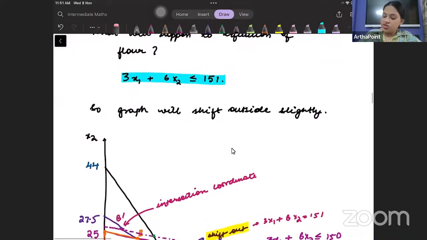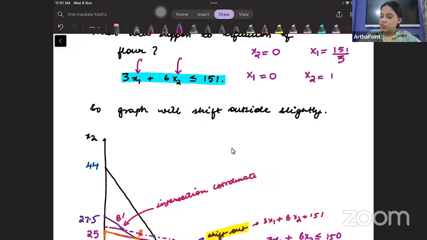So beta, if I look at the intercepts, what is going to happen? When I put x2 as 0, I will get x1 as 151 by 3 instead of 150 by 3. If I put x1 as 0, अगर मैं ये 0 put करती हूँ, I will get x2 as 151 by 6. These will be my 2 points.